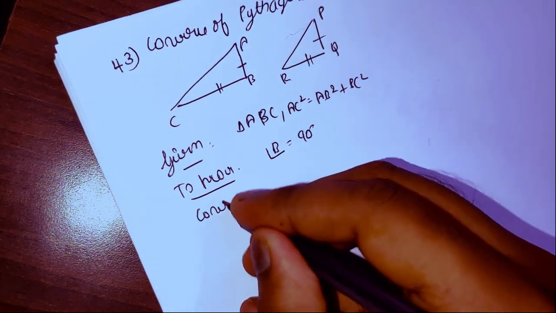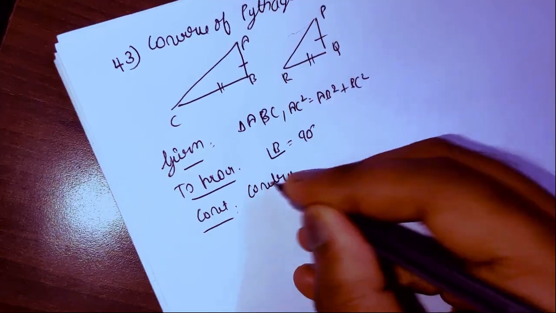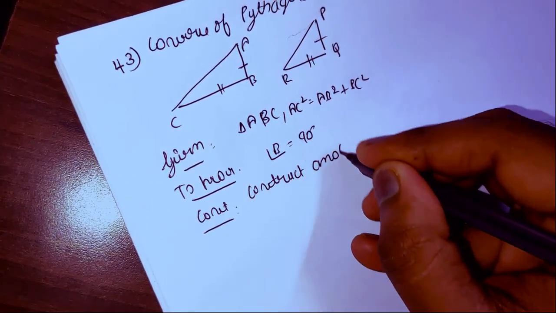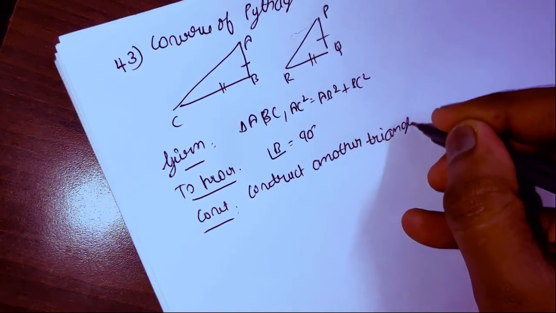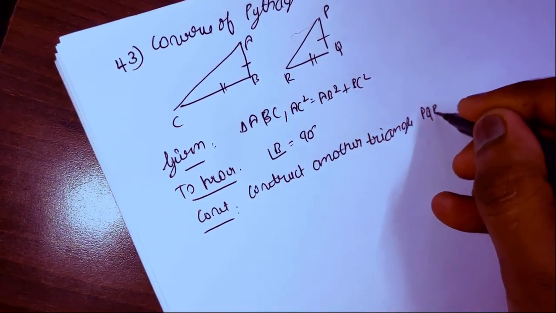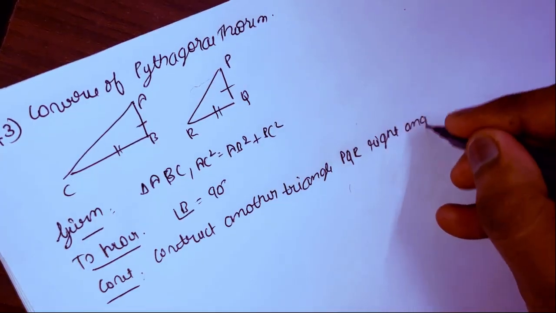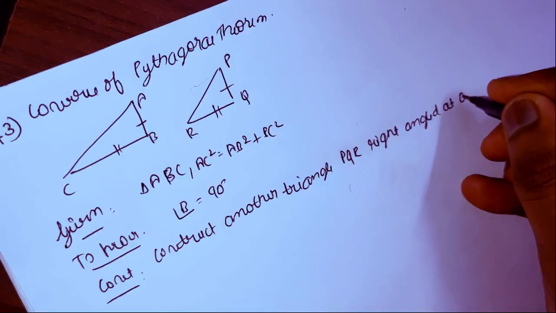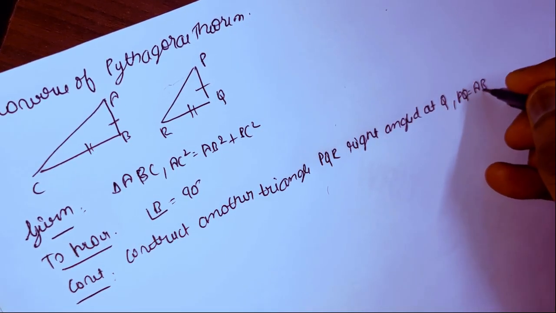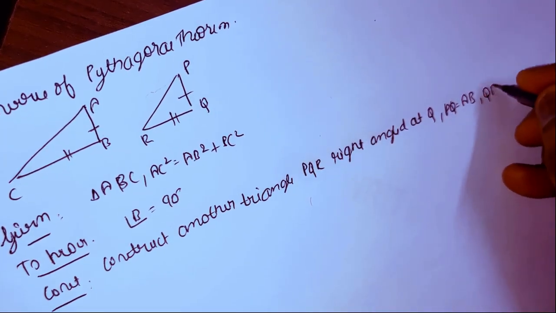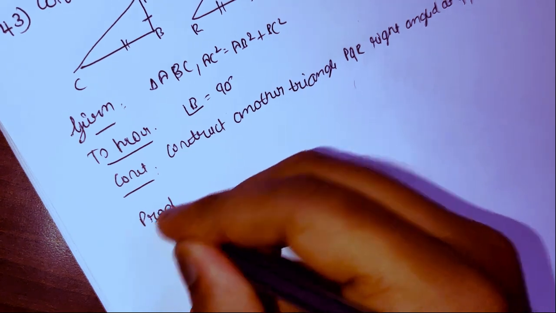We will write the construction. We have constructed another triangle PQR right angled at Q such that PQ is equal to AB and QR is equal to BC. We'll start with the proof.